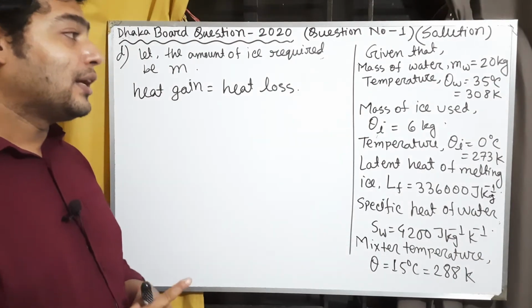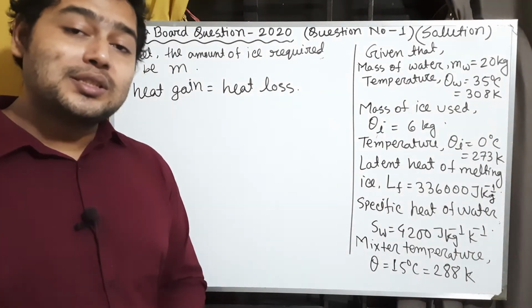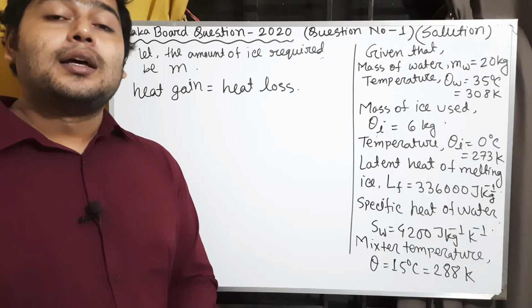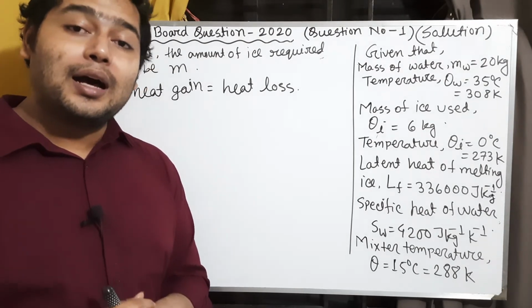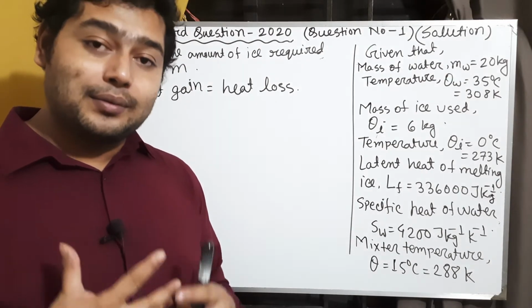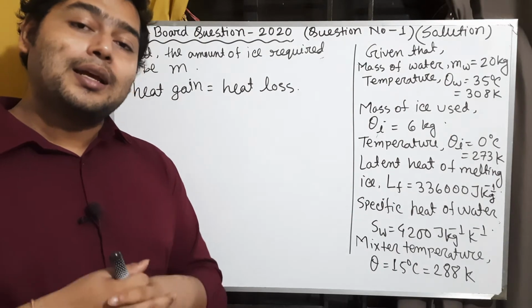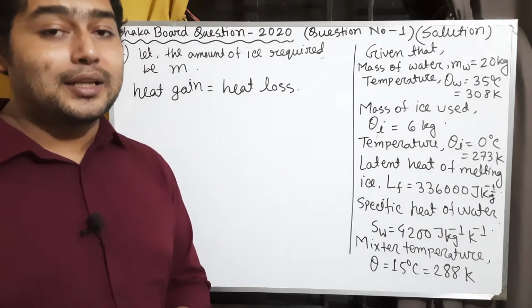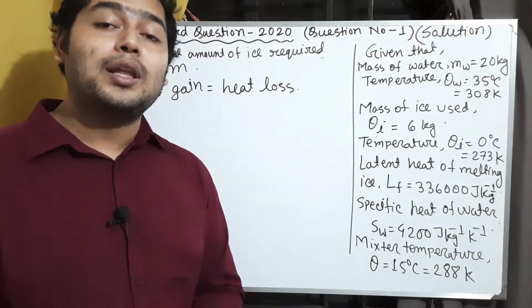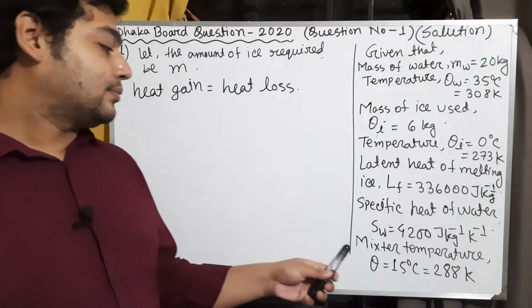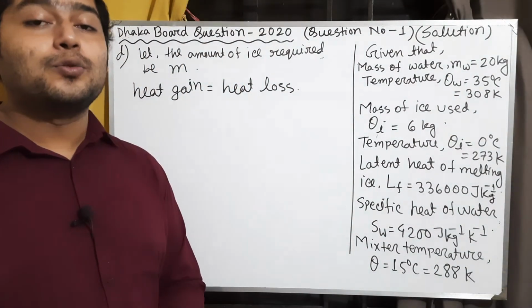Firstly, it will convert 0 degree ice to 0 degree water, in which it gets latent heat, and after that the 0 degree water will convert to mixture temperature water.